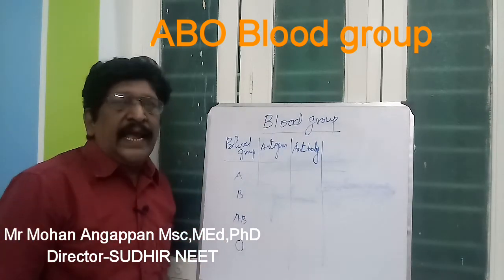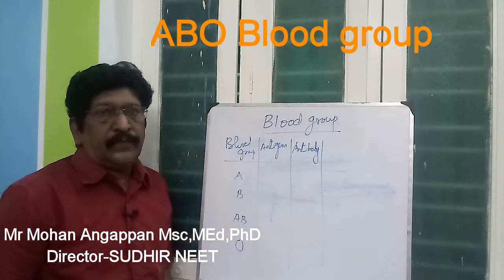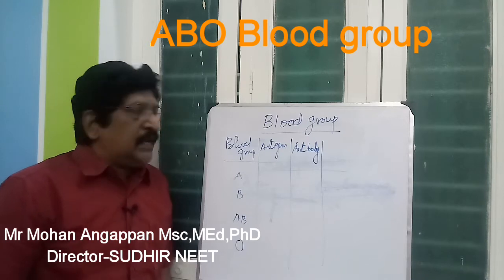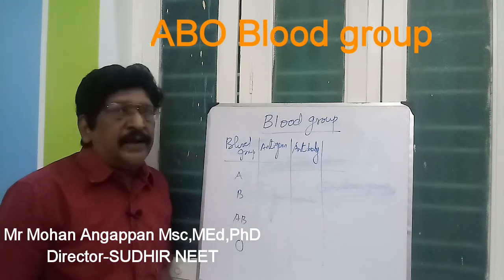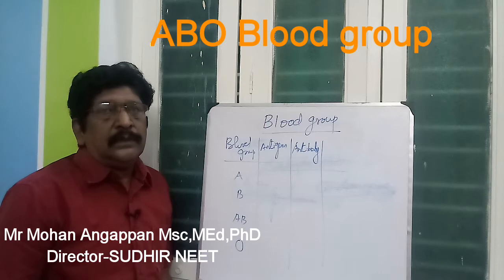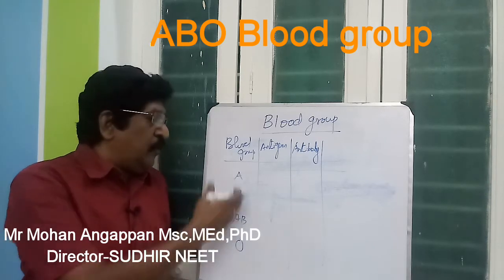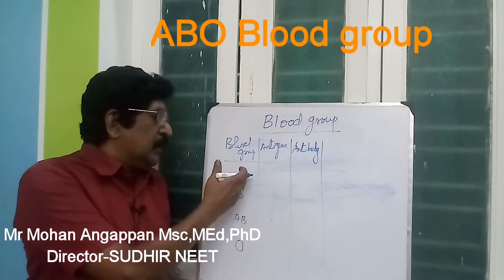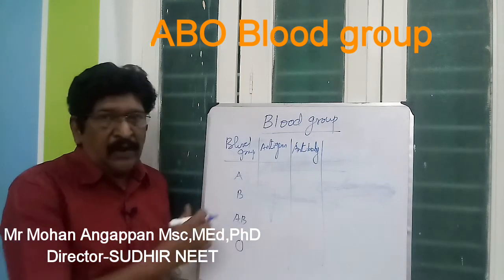There are two antigens, A and B. Four phenotypes, four blood groups, A, B, AB and O.